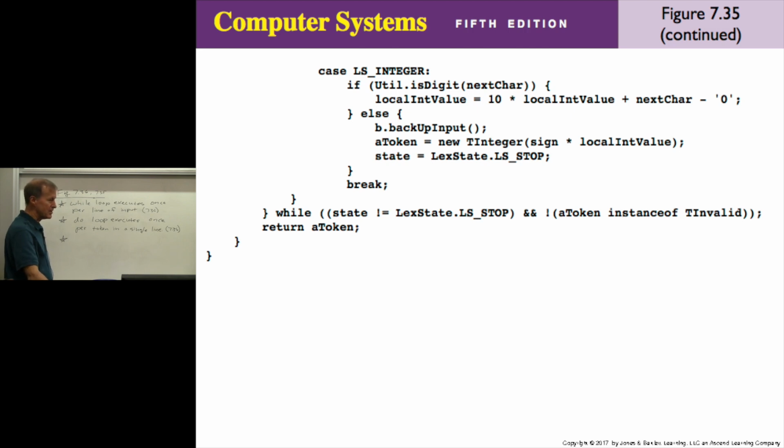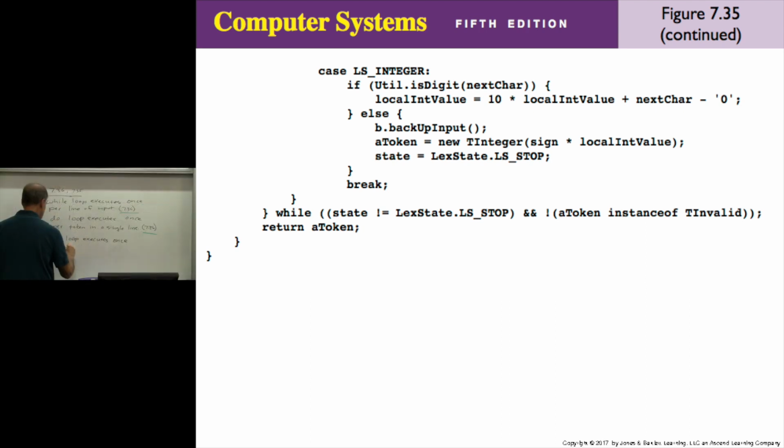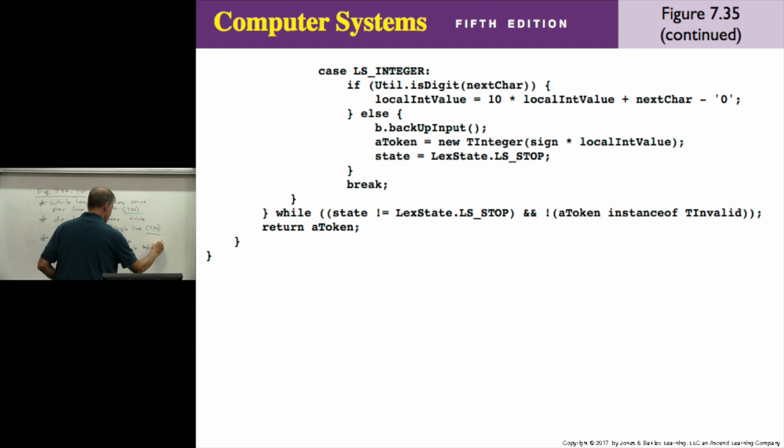The do loop executes once per character within a token. This is the code in figure 7.35.